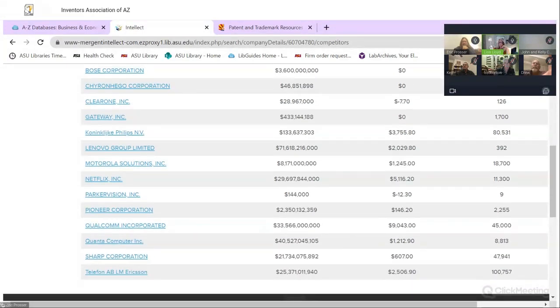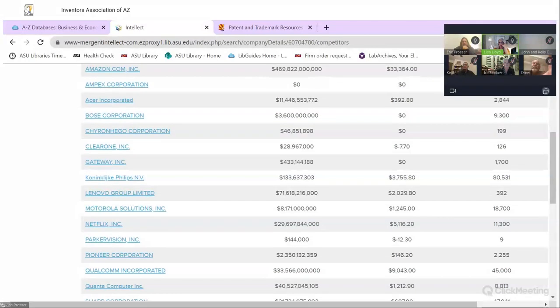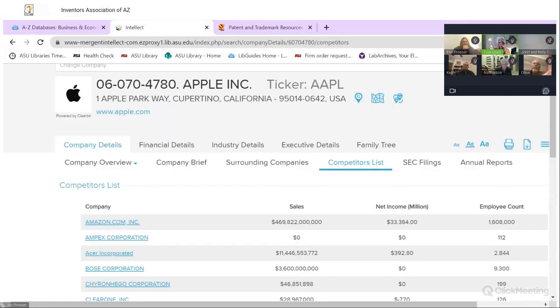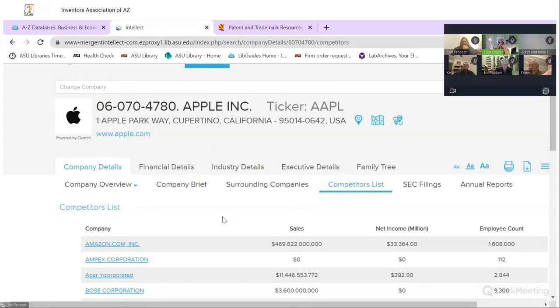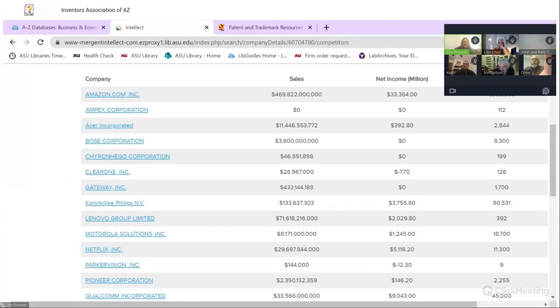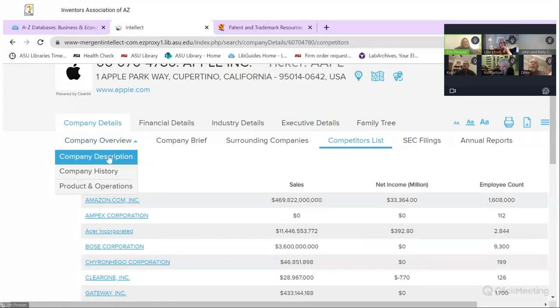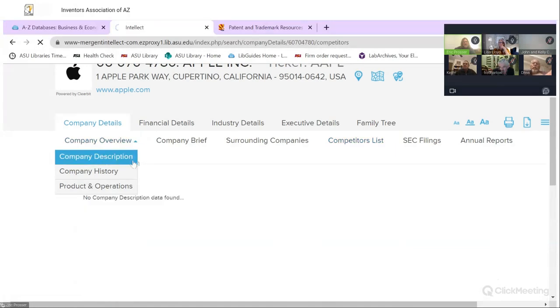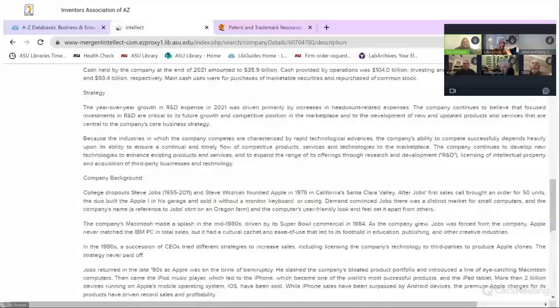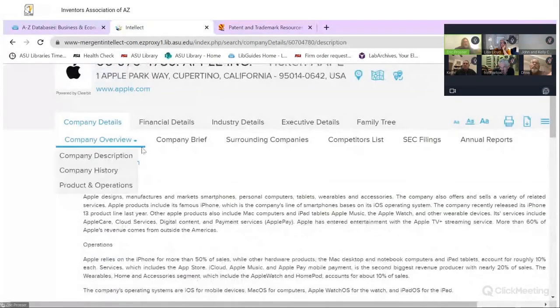Will this also show us employees, or is that going to be a different database? If it would be in here, I don't think this one's, you would have to probably dig down into some of the corporate documents to find it. As I recall, let me see here. That's just going to give you the description. I don't think it's going to be here.